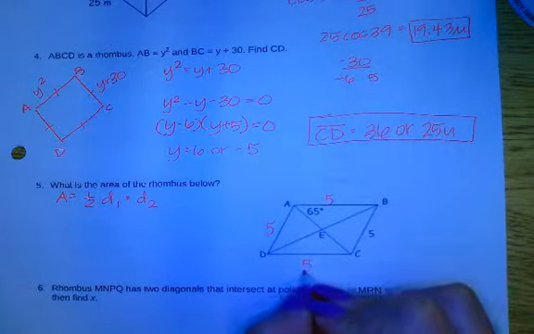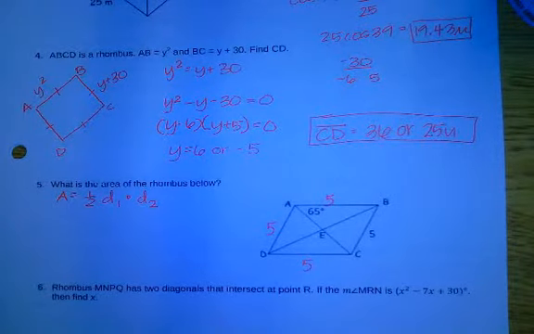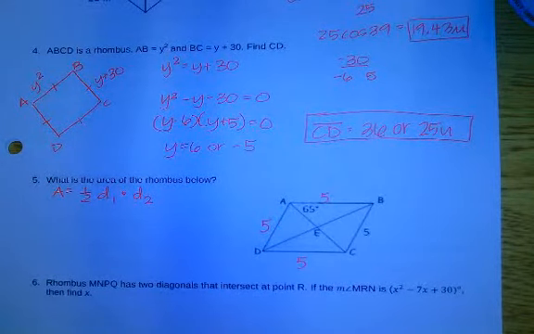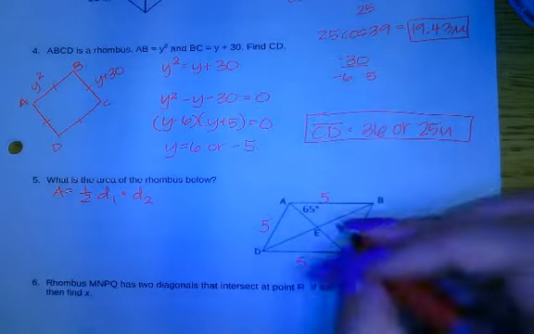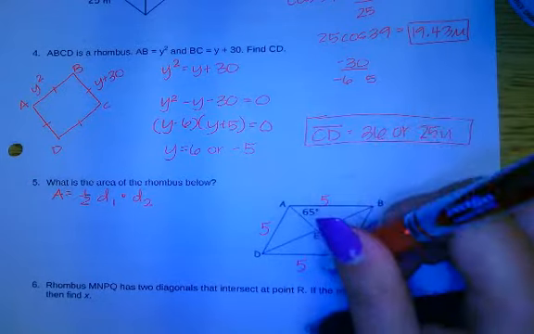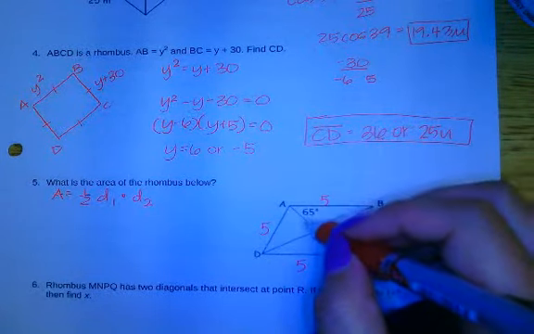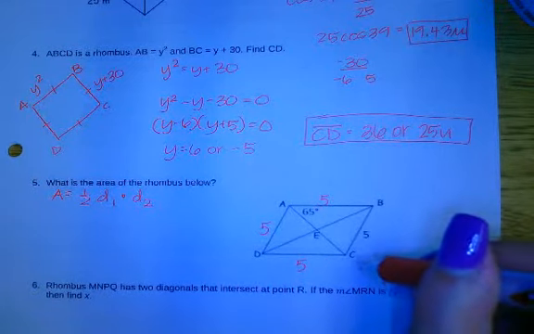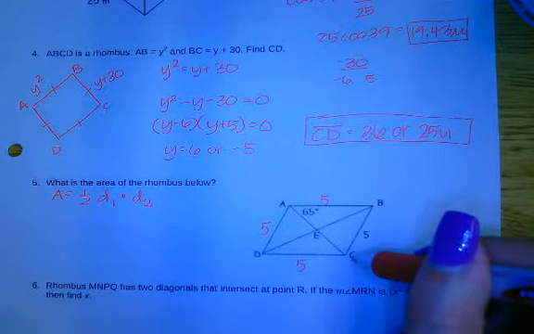So how can we go about calculating the area of this? Use trig. Very good. Why can you use trig? Because if you have a side or a hypotenuse and you have an angle.